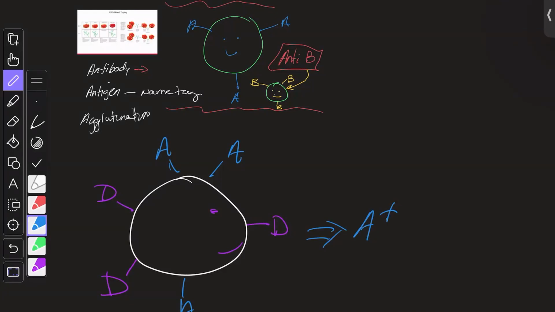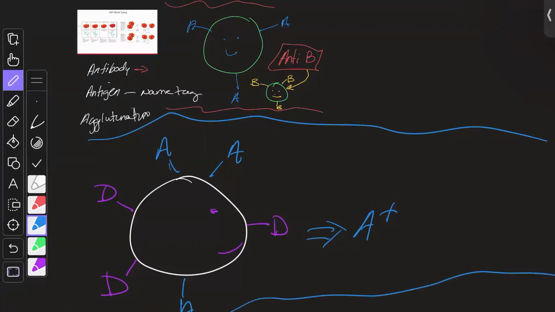Let's do this another way. What antibodies exist in this blood? Anti-B. Okay, I can have those. I can't have the anti-RH. If I have the anti-RH, it will attack my blood. I can't have the anti-A because it will attack my blood, right?